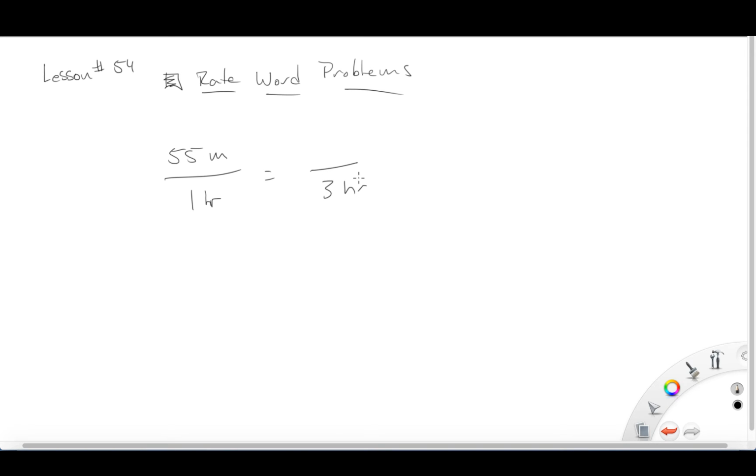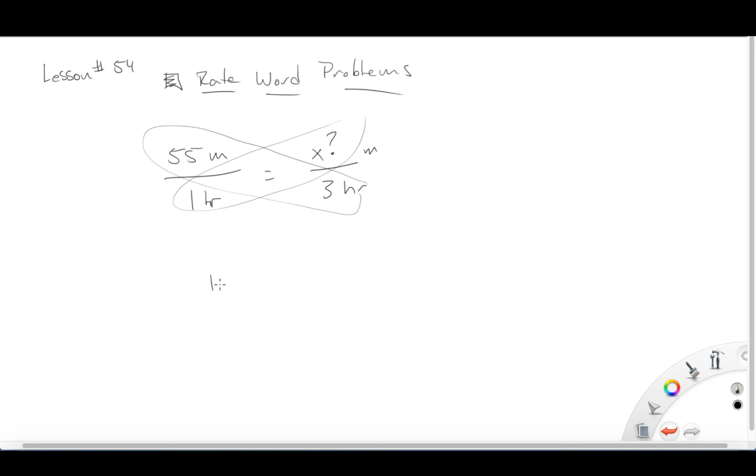Well, we're going to put our hours in the same location and our miles in the same location, and you notice we don't know how many miles there are. So we put a letter over here. I like to use x just because in algebra we use that a lot, and then we're going to simply cross multiply.